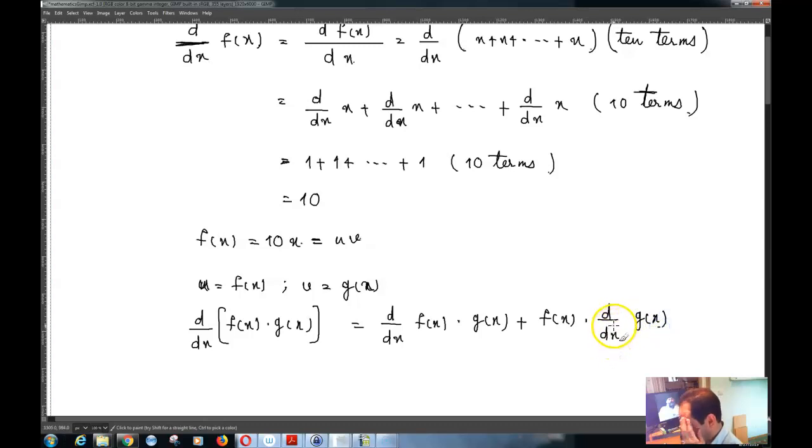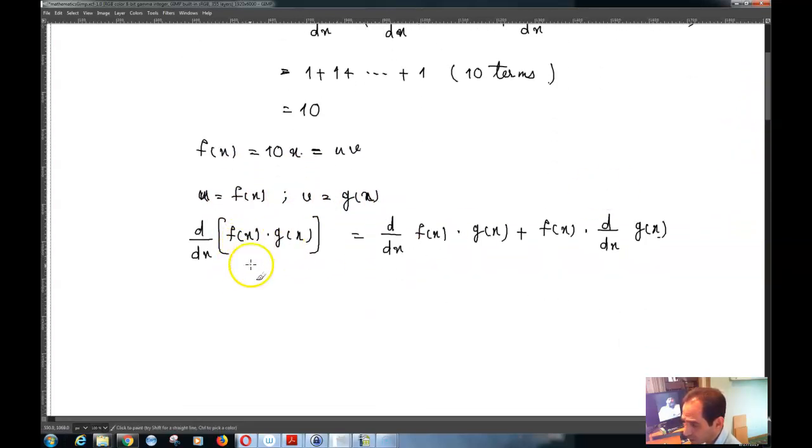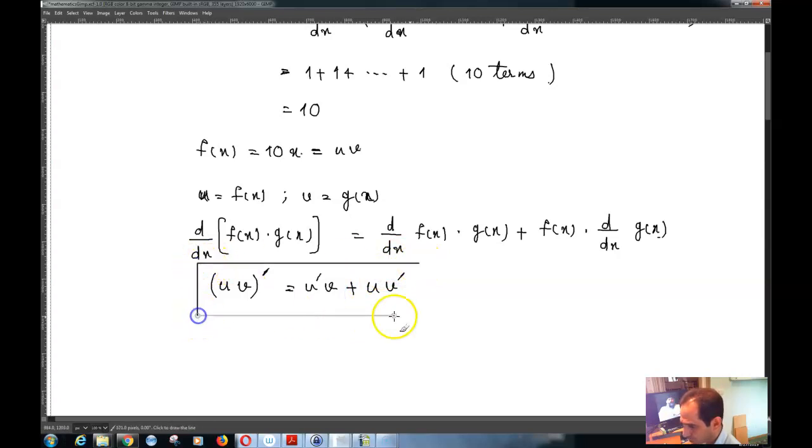So then based on this, if u is equal to f of x and if v is equal to g of x, then you can say that u times v whole prime is the same thing as u prime times v plus u times v prime. So this was the product rule.